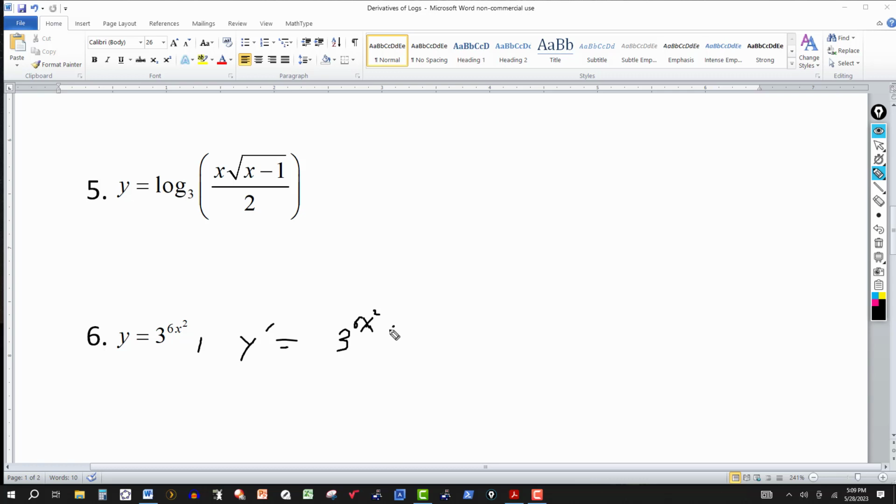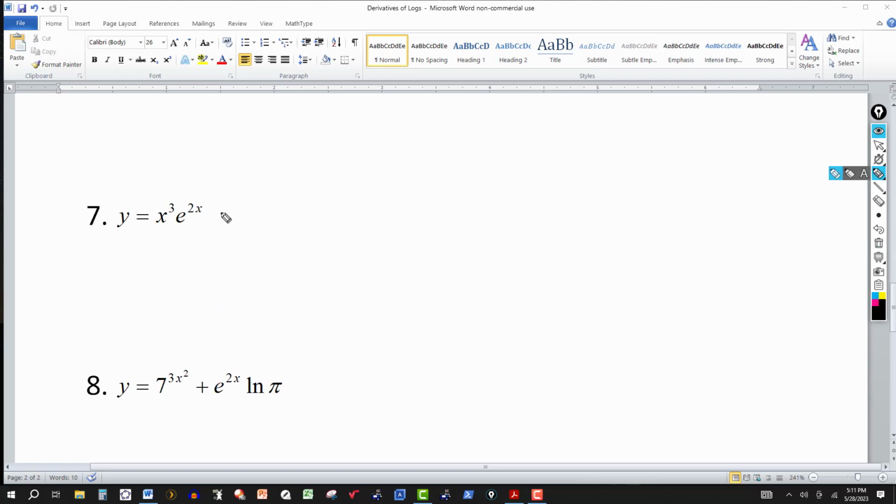So I'll just put it over here, 12x, and this one has times the natural log. I'll go ahead and put it in front in parentheses. This is going to be the natural log of whatever the base of that exponential is, in this case 3. So that's your answer. 3 to a power of 6x squared times 12x times ln of 3.